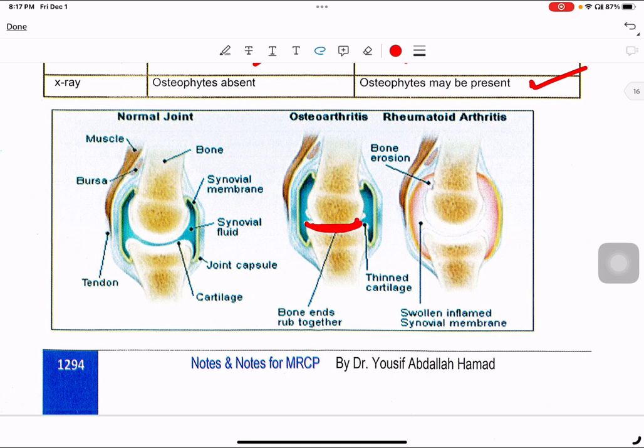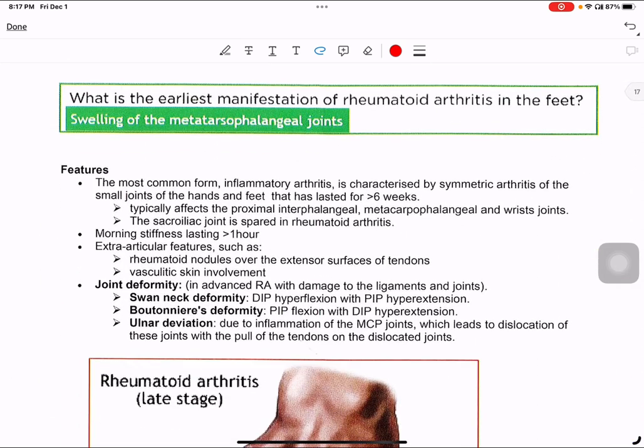And in rheumatoid arthritis, the joint is swollen and there is increased joint space, sometimes ankylosing. There is joint bone erosion and synovitis, and periarticular osteoporosis is present in rheumatoid arthritis.